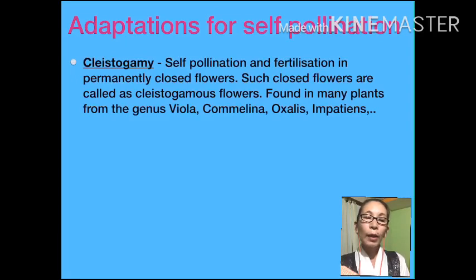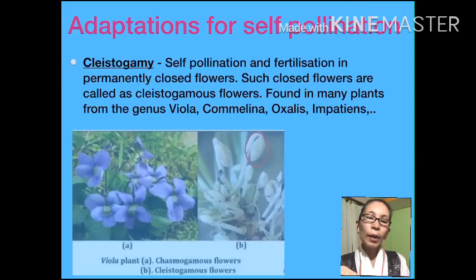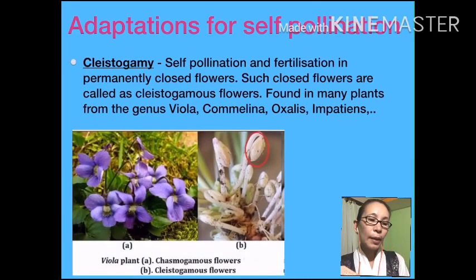These flowers remain closed in the bud state, and the unexposed stigma receives its own pollen. Therefore, Cleistogamous conditions always lead to assured autogamy. And it's a common kind of occurrence in plants like Viola, Commelina, Oxalis, Impatiens, and many others.